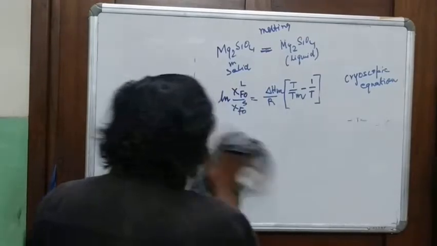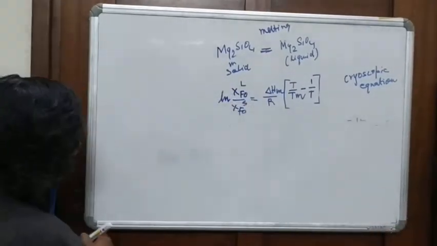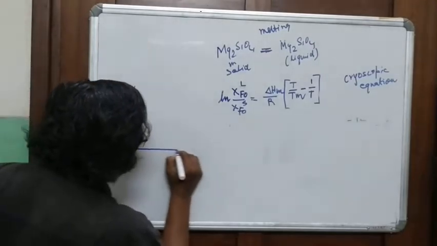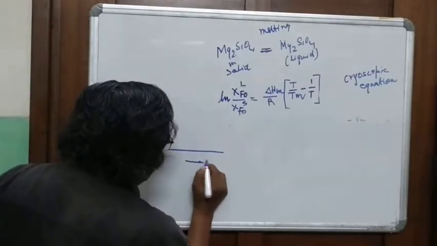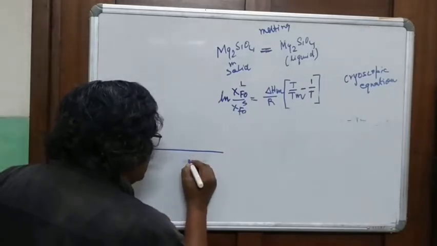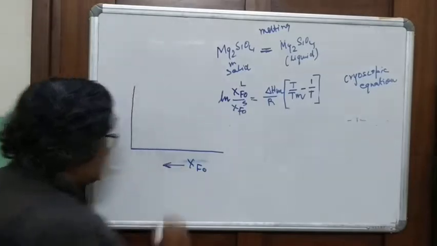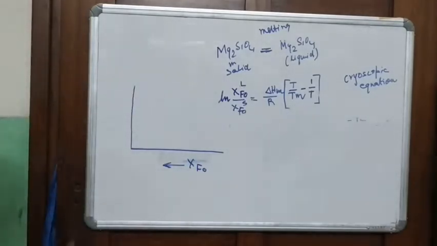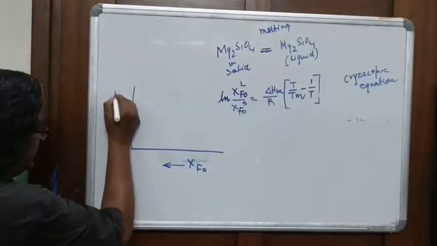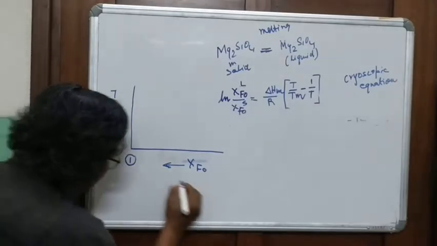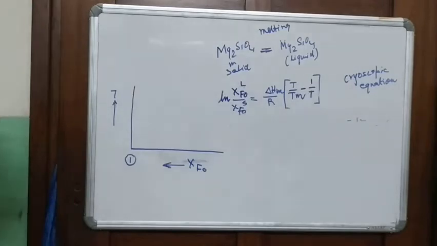Now let's see what we are trying to do. We take temperature, and X phosphorite increases this way, and this is temperature, and this is where X phosphorite in the liquid is equal to 1.